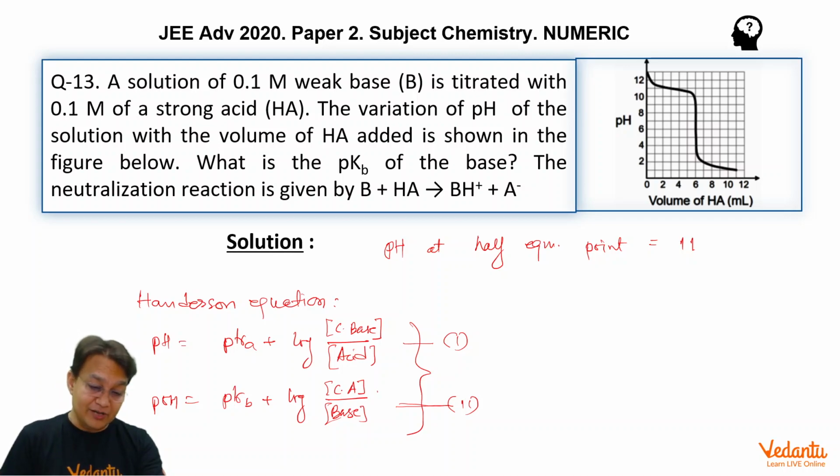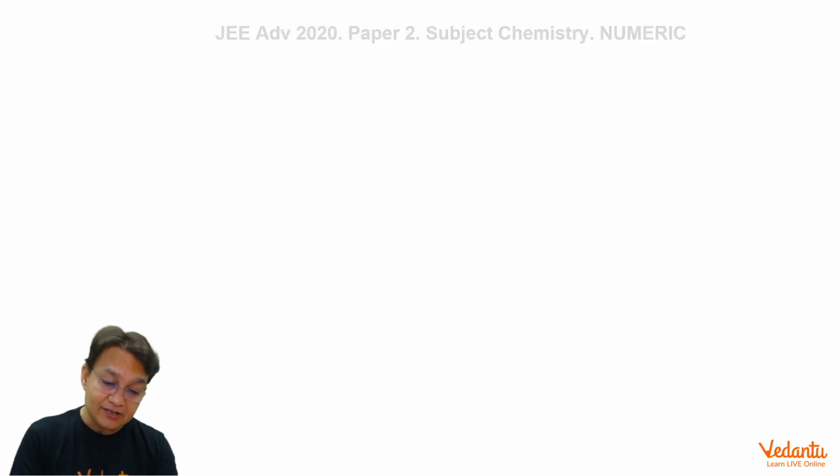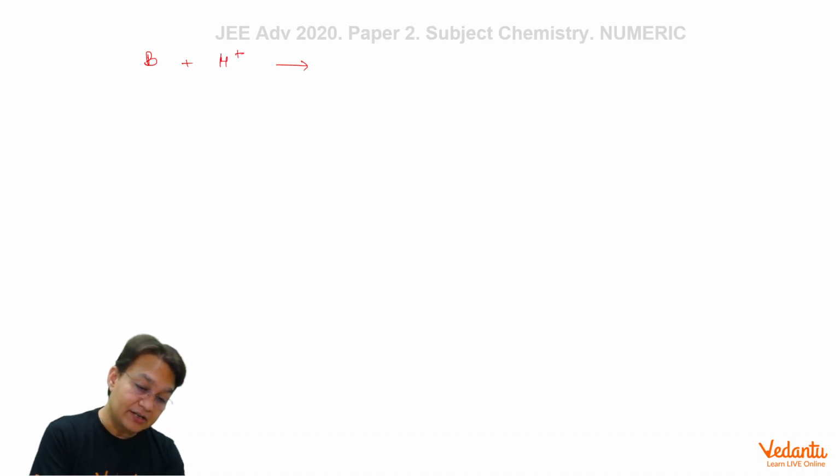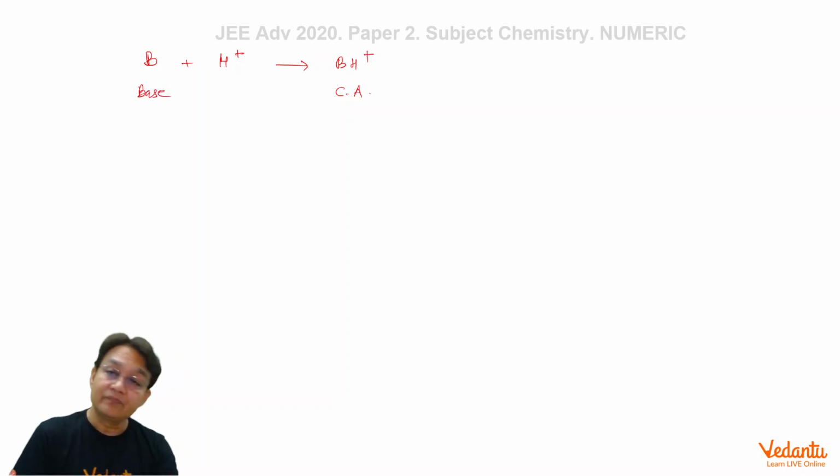So which method do you like more? Let us solve it by the first method. The basic equation is: base B is treated with H plus ion, the strong acid, and it is getting converted into BH plus. So BH plus is the conjugate acid, and B is the base.